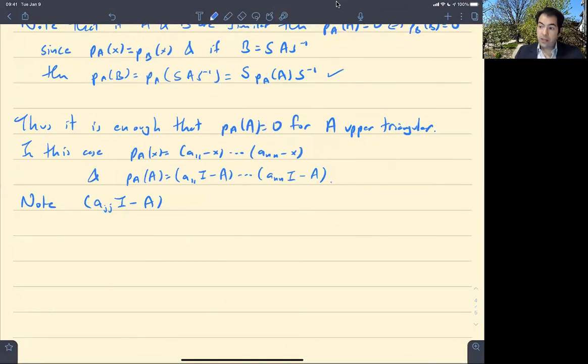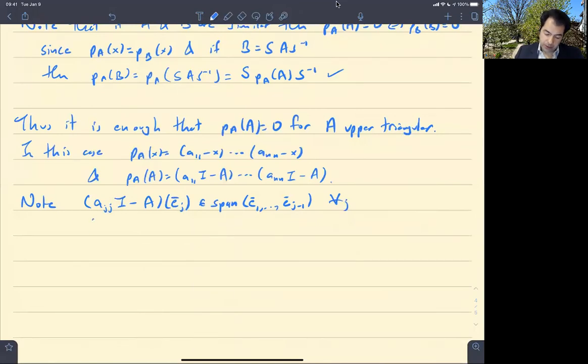So if we apply this to EJ, so I'm only looking at the jth column, then because we've killed everything from the diagonal down, this is in the span of E1 through E(j minus 1) for all j.